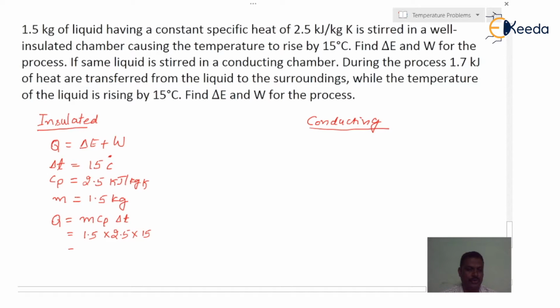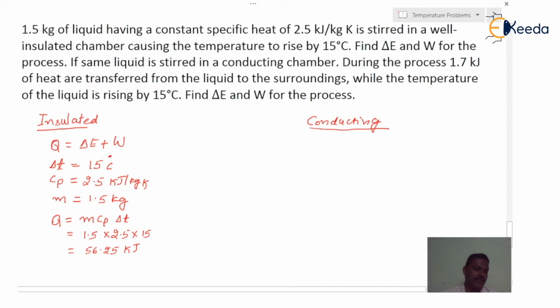So the value of Q is 56.25 kilojoules. 56.25 kilojoules of work is supplied and converted into heat when it is stirred in a well insulated chamber.